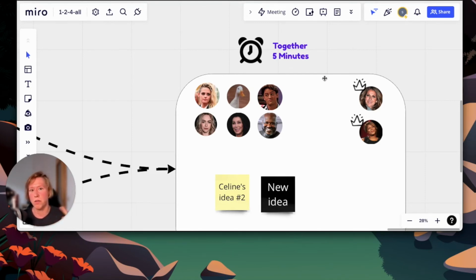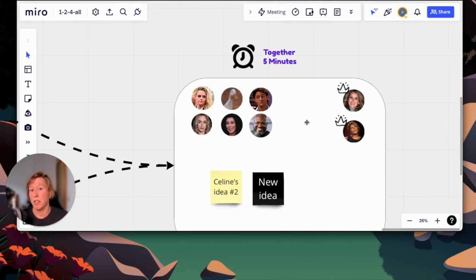So again, it's for another 5 minutes for the final decision to come up with the final 2 ideas that they want to do for their Halloween party. And while these two talk, they can ask their other teammates for input, or the other teammates can offer input if they have any. But the talking is between these two.